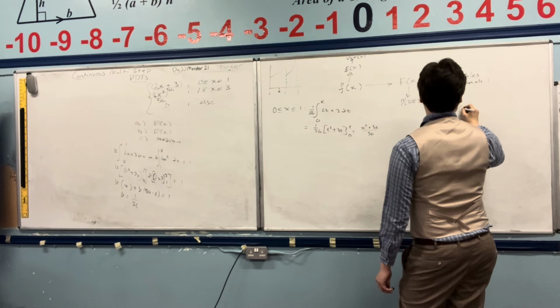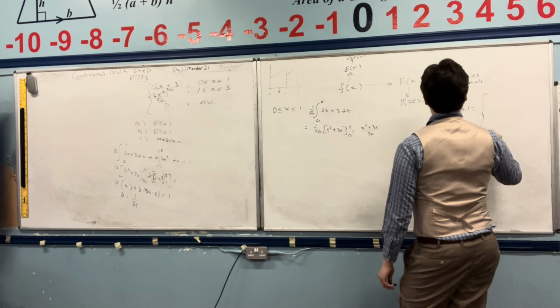So our big F of x is 0 for x less than 0, and x squared plus 3x over 56 for x in the range 0 to 1. Now we need to do the middle bit, so x in the range 1 to 3.